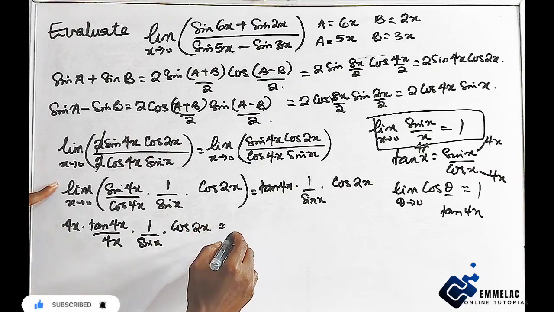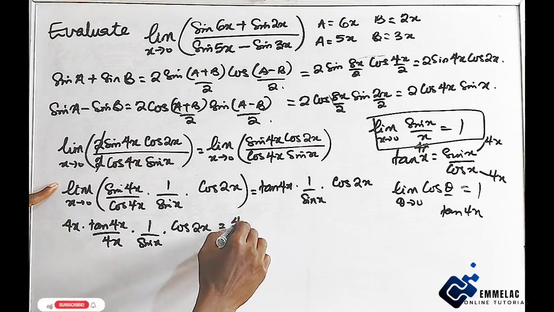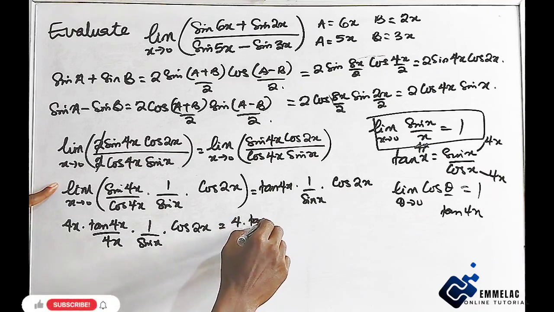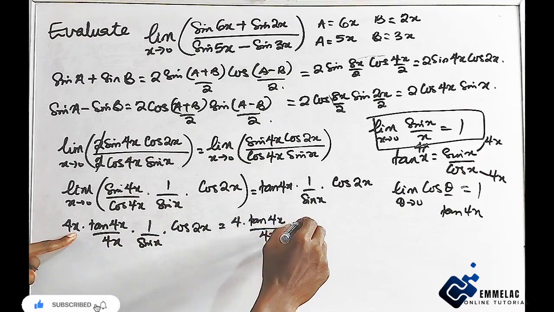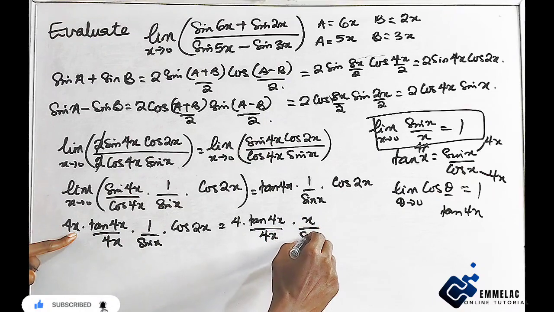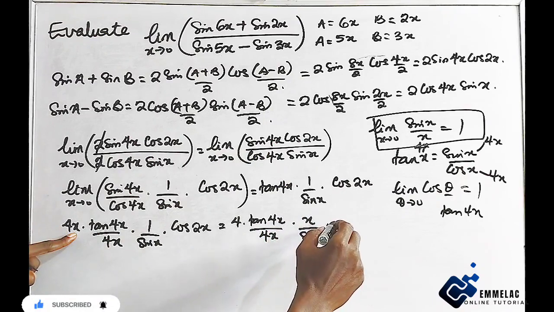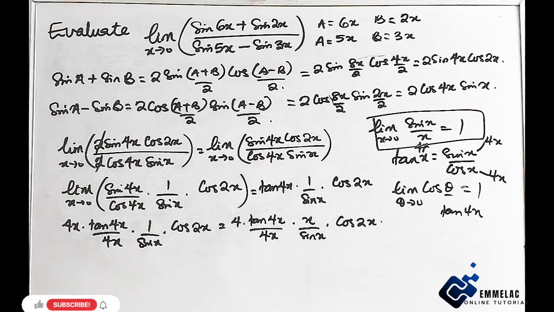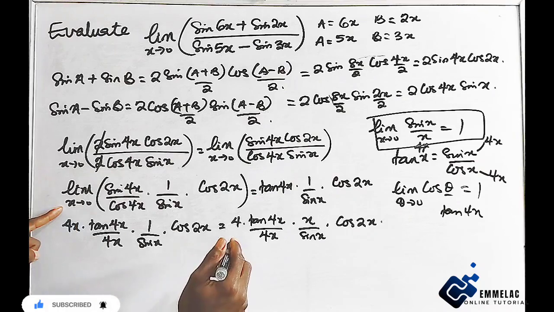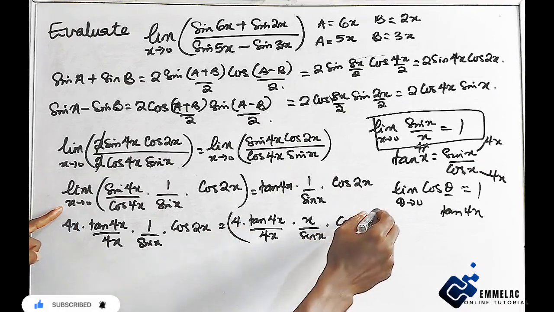So here we have 4 times tan 4x all over 4x. Now this x comes over here, sin x, then times cos 2x.